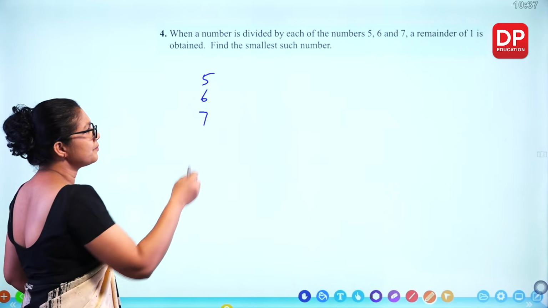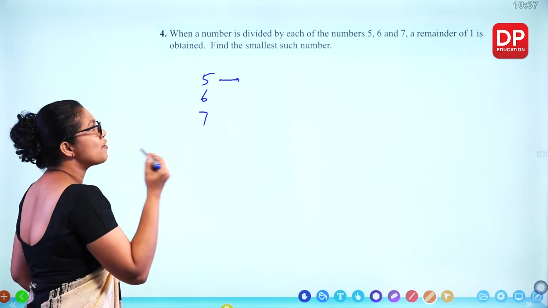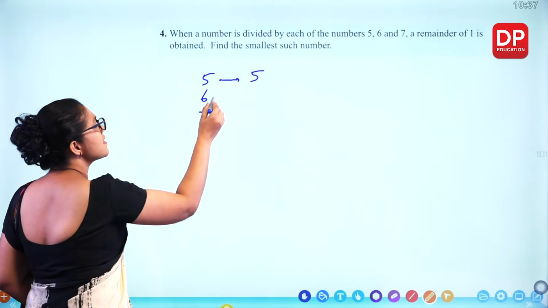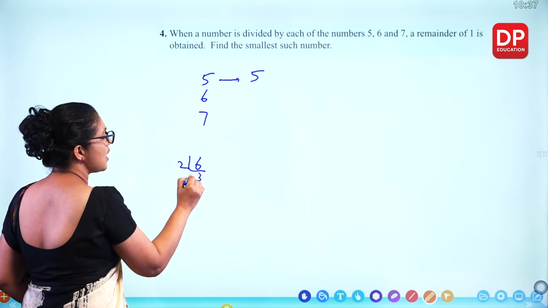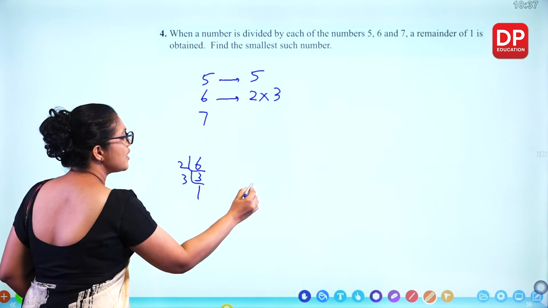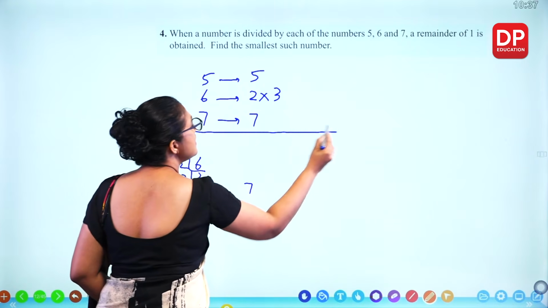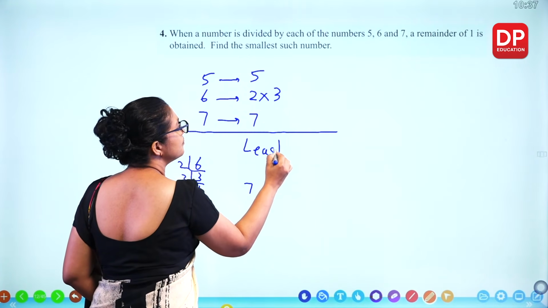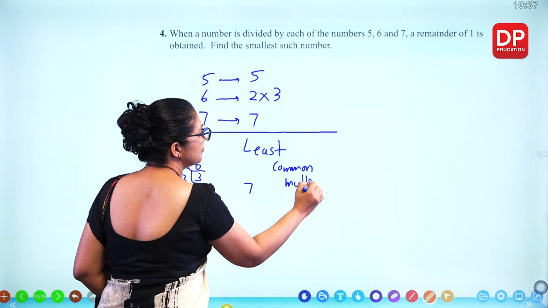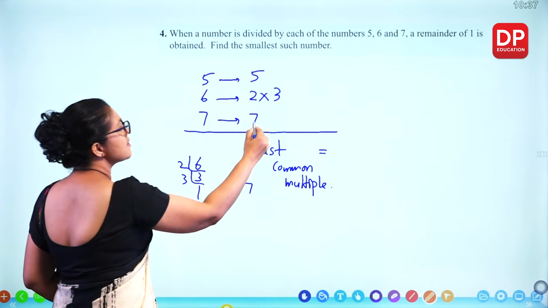So here use the prime factor method. You can write down 5 as 5 times 1, that's a prime number. 6, how can you write? 2 times 3. 7, how can you write? It's a prime number, that's 7. So if you want the least common multiple, you have to take the highest power.